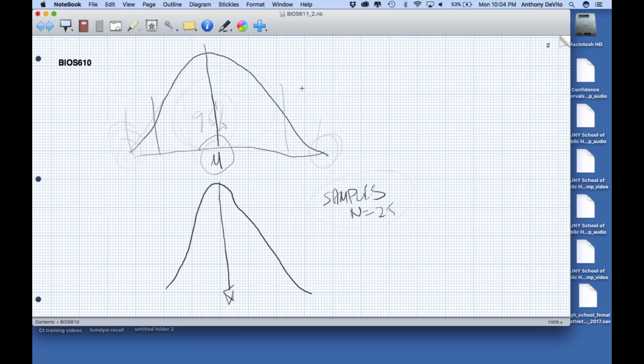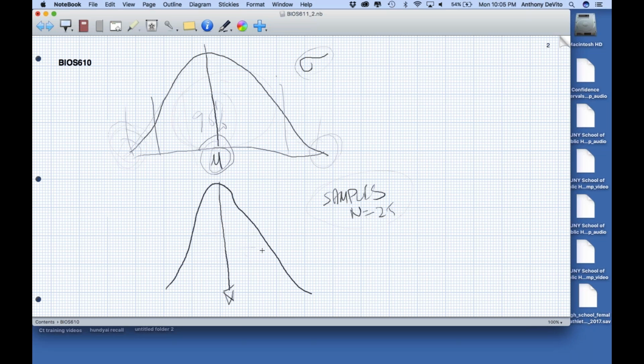And the relationship here is the mean is approximated by the mean of the samples that we take, but the standard deviation, the spread of these two distributions, are different, though they're related. In one case, we could call this sigma, right? The standard deviation and the mean, we use Greek letters for the population.